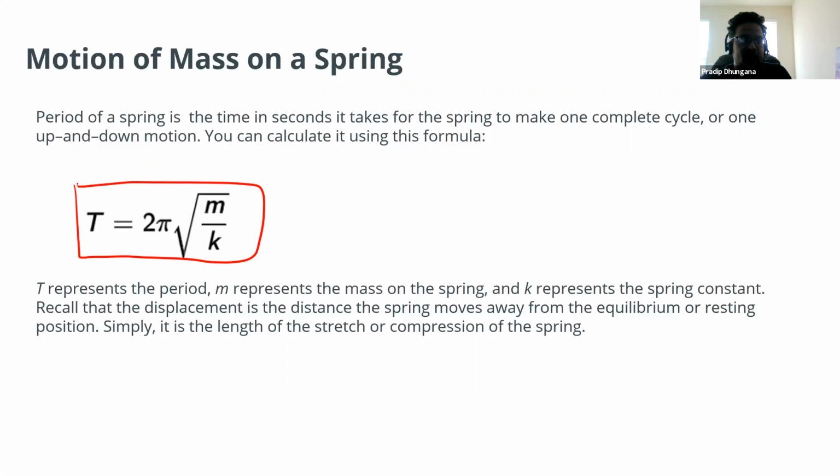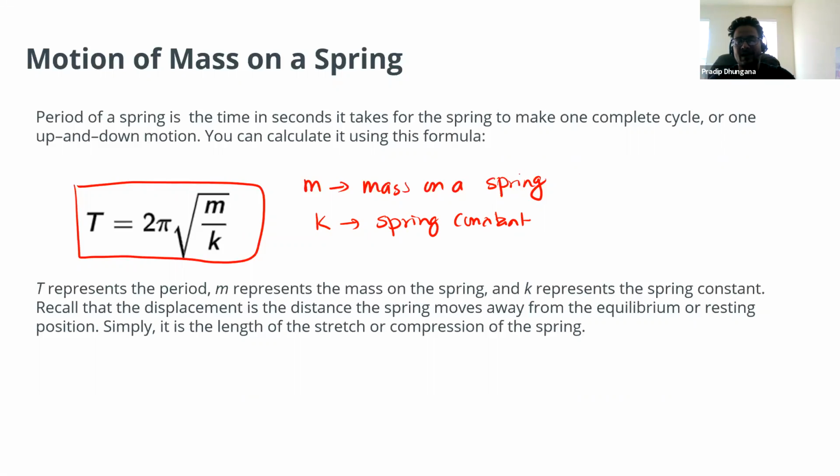T is equal to 2 pi square root m over k. Here m is the mass on a spring. You can write that formula in your notebook. Mass on a spring, and then k is the spring constant.